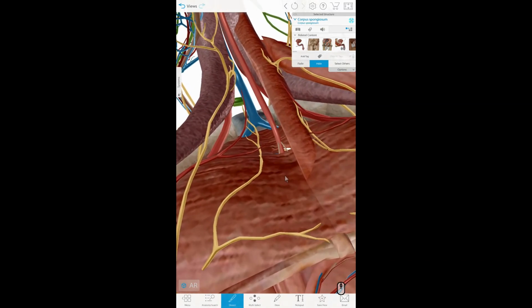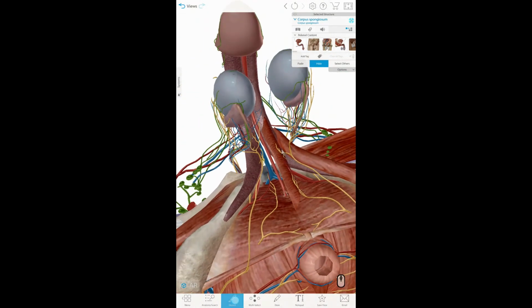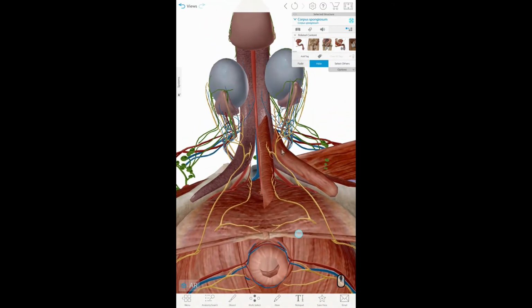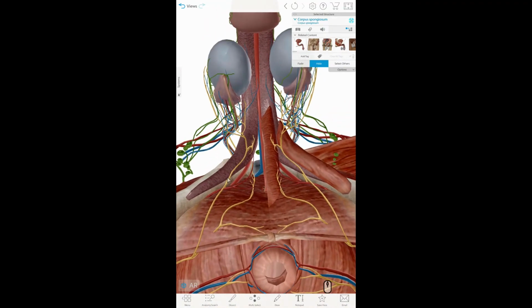Zooming in, we can see two greyish ducts opening into the urethra. These are the ducts of the bulbourethral gland, or Cowper's glands. So the duct of the bulbourethral gland is also a content of the superficial perineal pouch. What we also see is the posterior scrotal nerve, and these are the internal pudendal arteries.